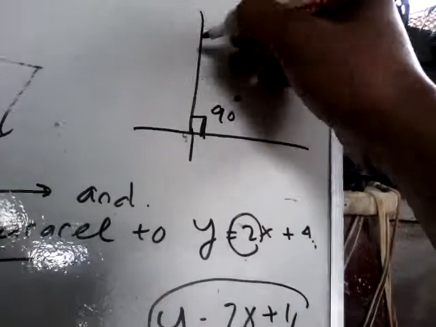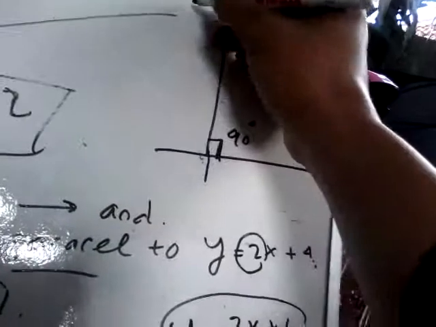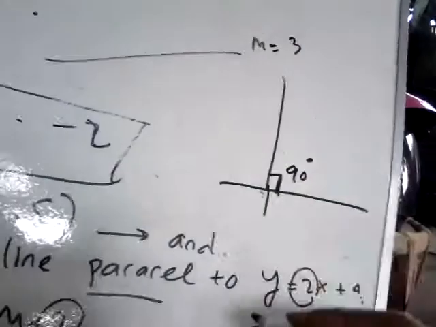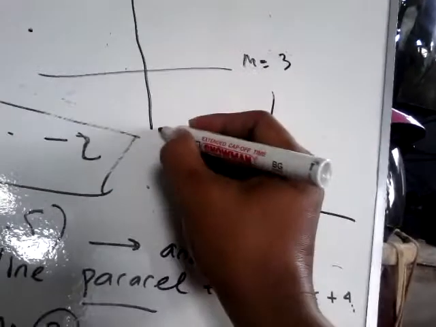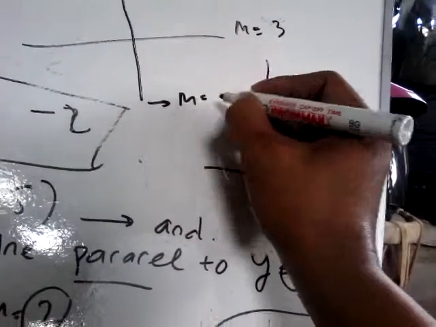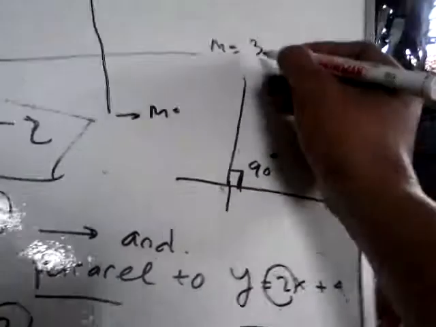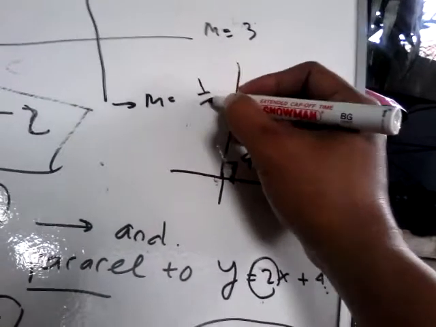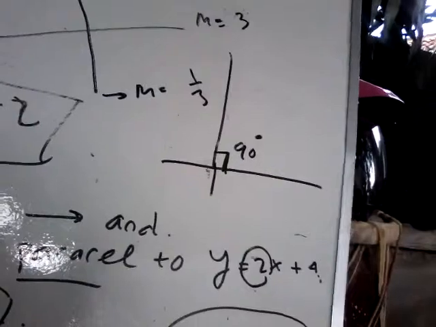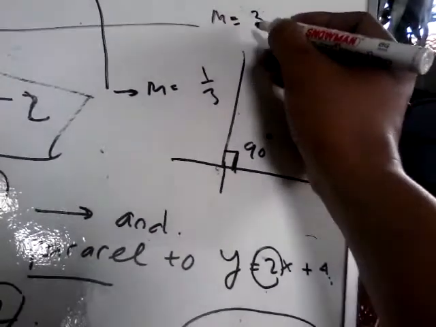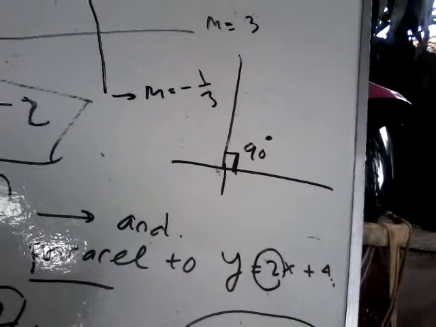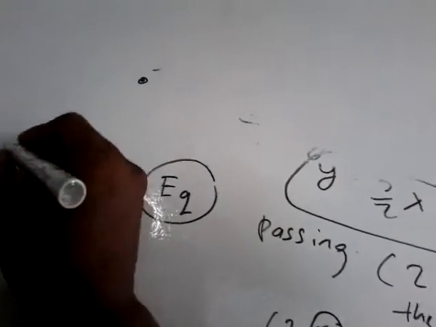If this line has a gradient of, for instance, 3, the perpendicular line is found by turning it upside down: 3 becomes 1 out of 3. Then if this is plus, you put it negative, so negative 1 over 3.